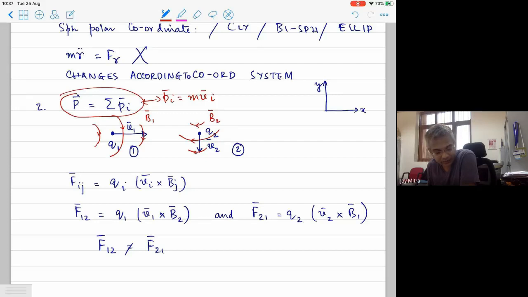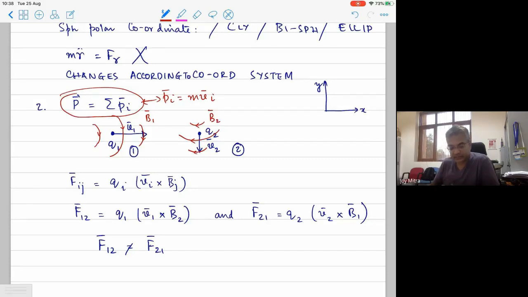And we went on to write the force on the first particle, F1, due to the second particle. That's why we have the subscript, F12 will be equal to Q1 V1 cross B2, where V1 is the velocity of the first particle and B2 is the magnetic field due to the second particle at the position of the first particle. And similarly, we could write an expression F21 for the force experienced by the second particle due to the magnetic field of the first particle.